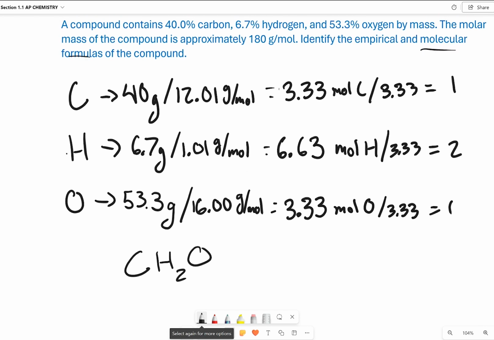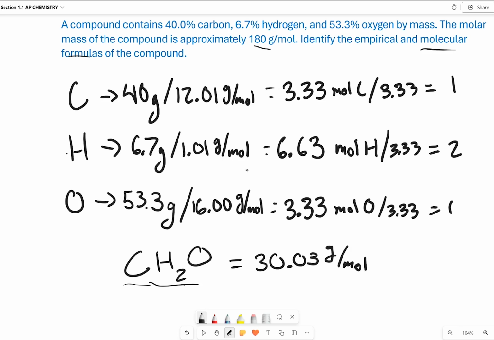Now, if we want to find the molecular formula, because we now have the empirical formula, we have to find the molar mass of this compound to see how many empiricals fit into one molecular formula, basically. So let's find the molar mass of this. Our molar mass of this is 30.03 grams per mole.